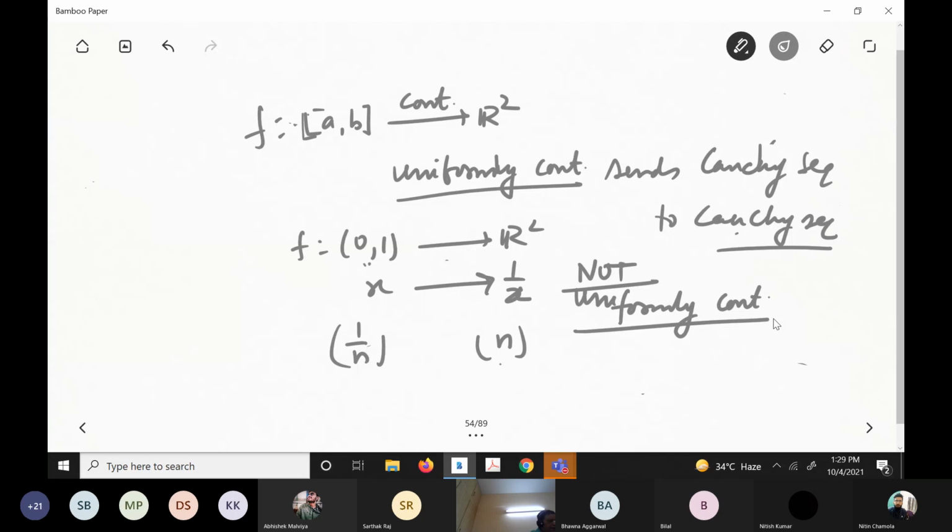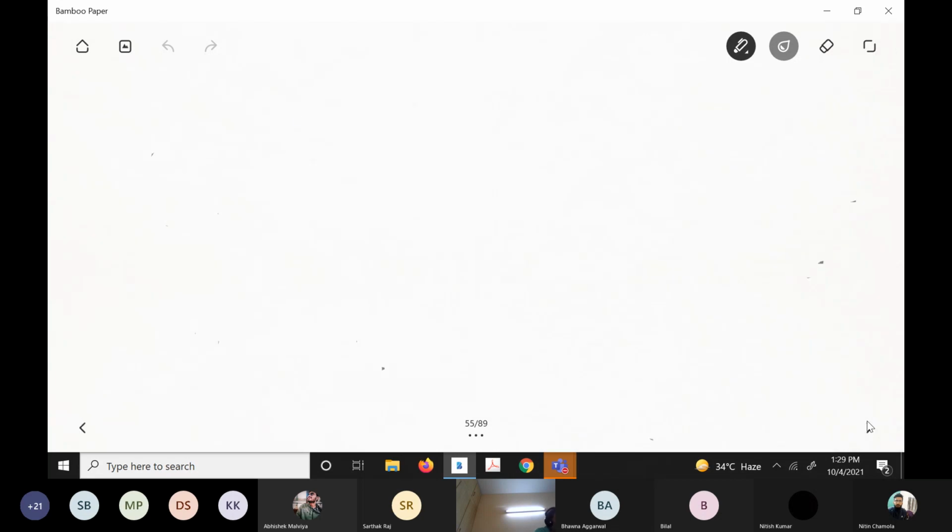Okay. Again, on a closed bounded interval every continuous function will be uniformly continuous, but this is a sufficient condition, it is not a necessary condition. Now the question is whether a continuous function is uniformly continuous or not. Suppose you have a metric space.